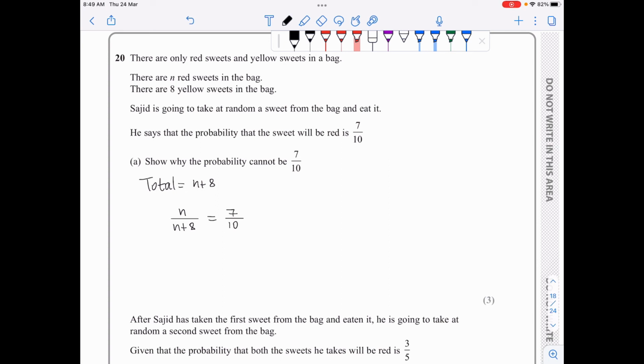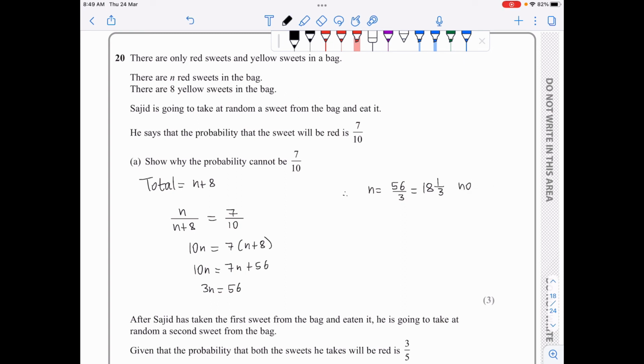I will cross multiply: 10n is 7 brackets n plus 8. So 10n is 7n plus 56, leading to 3n being 56. So n is 56 over 3, which is 18 and a third. This is not an integer.